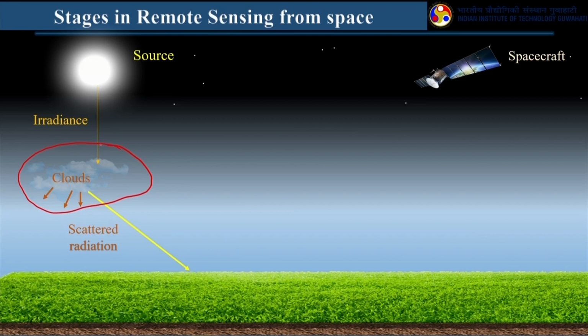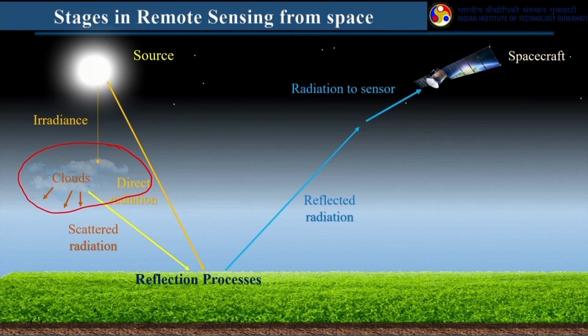In the atmosphere we have different gases and aerosols, right, and those play a role in stopping this energy in particular wavelength regions. So, the energy coming from the sun to the surface gets modified because of our atmosphere, and some of the energy comes directly to our surface, and once it is reflected from the surface, again it has to pass through our atmosphere, and then it reaches our satellite.